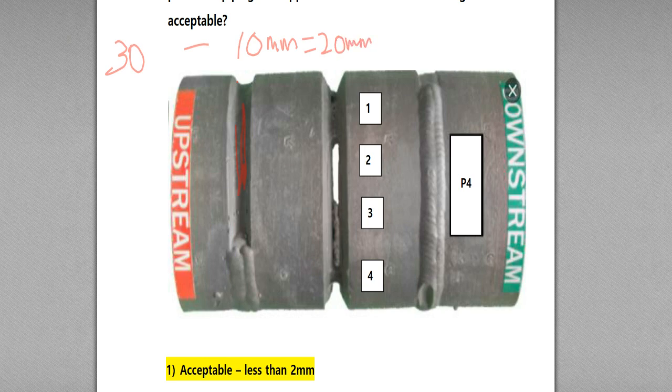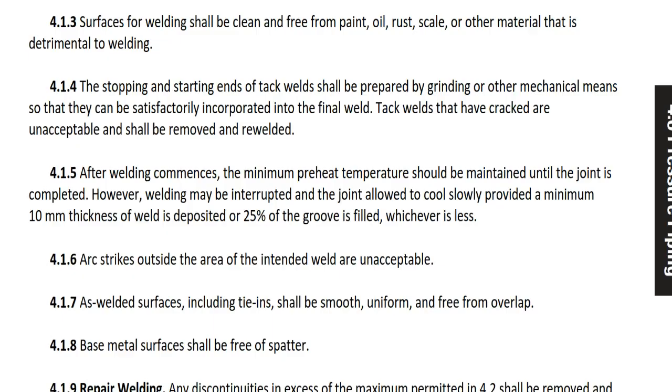Then it means the weld deposit of this joint is 20 millimeter. Go back to Part B, the BOS and 4.1.5, and check this one. This kind of condition is given in the actual question.